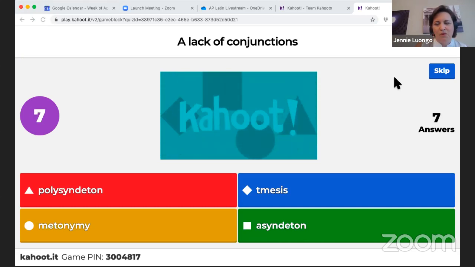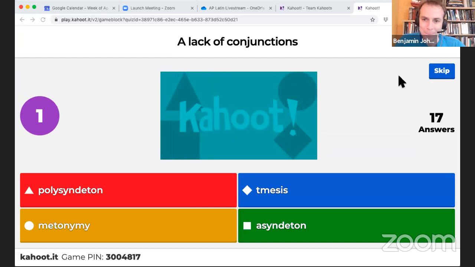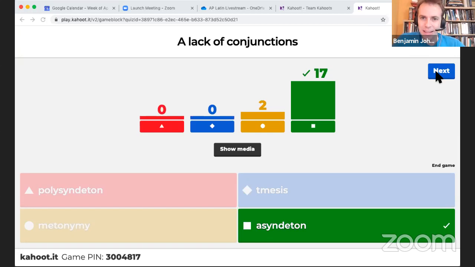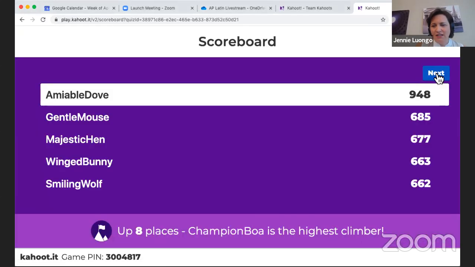So a place where you're expecting conjunctions, but you get none. Quatuor, tres, duo, unus, they're starting to come in. We know that for some of you, the lag is hard today, but we have so many questions we just had to do it quickly. And like these figures of speech, it should be automatic at this point. You should just know them. You shouldn't have to think. Absolutely. So lack of conjunctions, that's asyndeton.